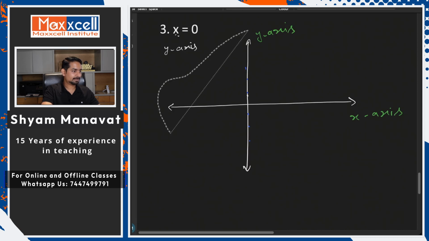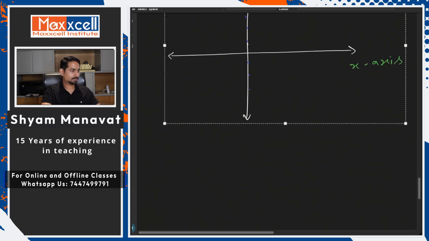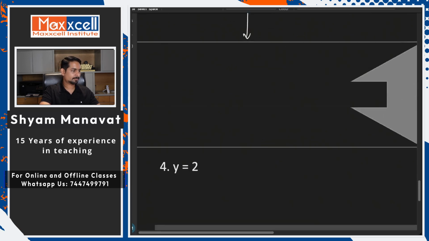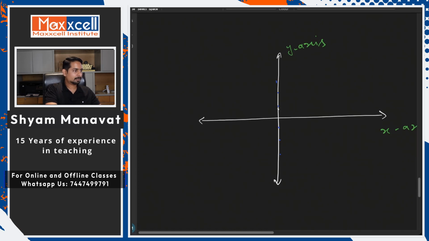Let me not waste time and take the same drawing here. So let's say the question said draw a line for x equal to minus 3. What will you do?